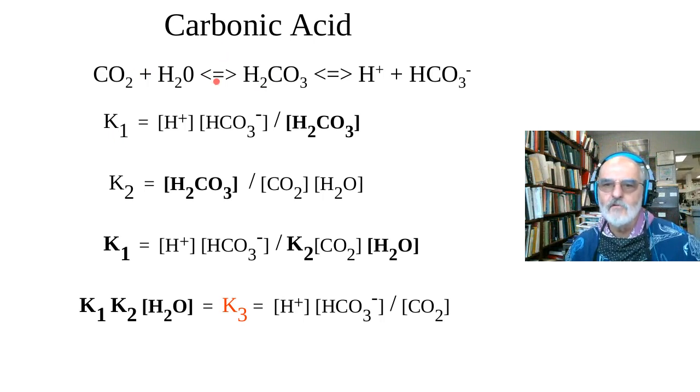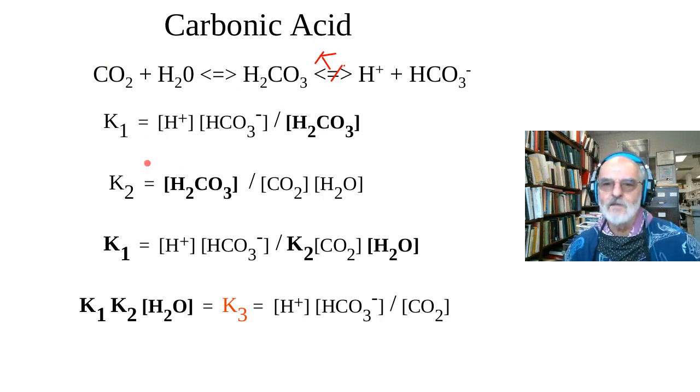The equilibrium constant for the second step, the way this is written, K1 is over here. K1 is here in this nomenclature, I guess. A proton and a bicarb is the product, and carbonic acid is the reactant.